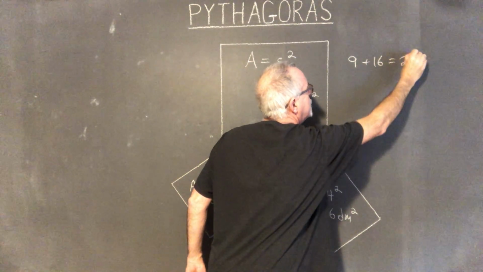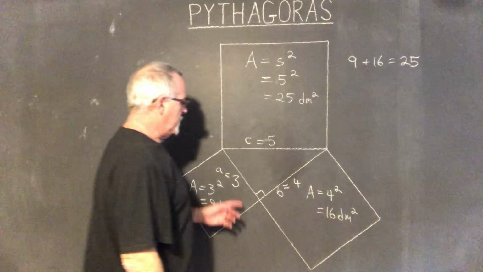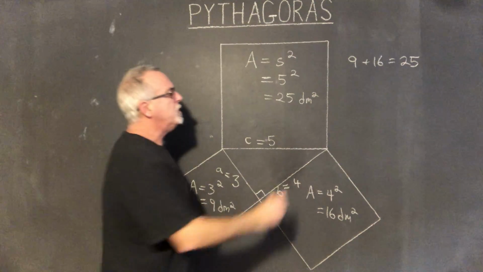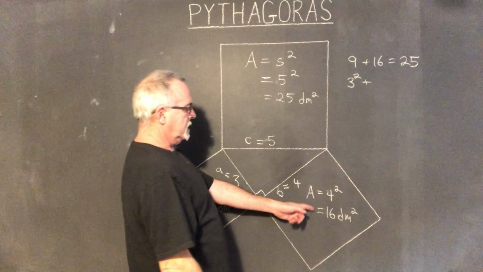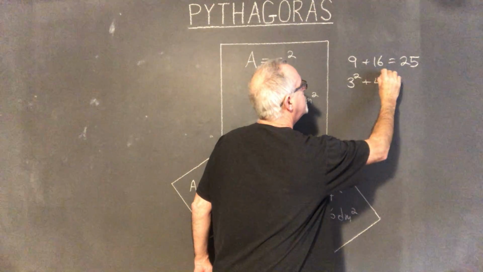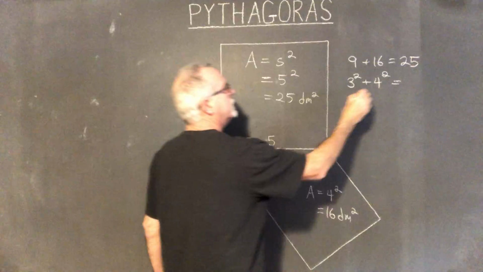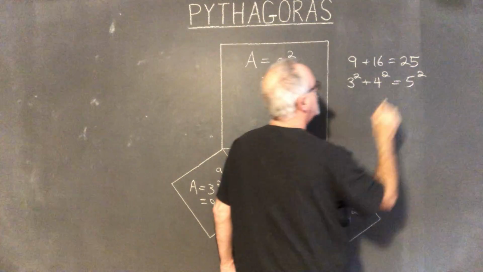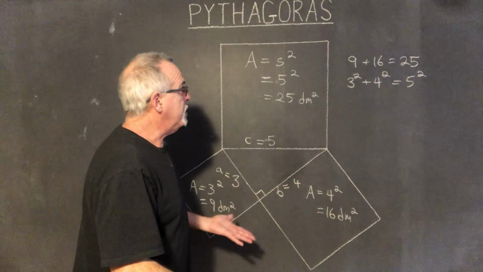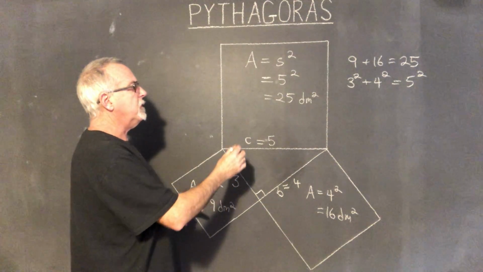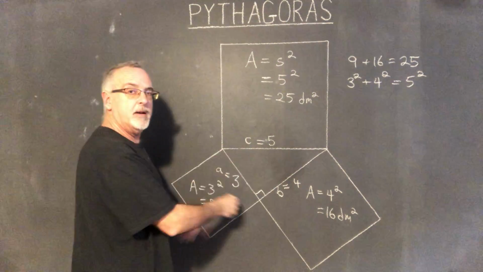We know that. But 9, how did we get 9? Oh yeah, it was 3 squared, so we can rewrite it as 3 squared. And then the 16 was 4 squared. And the 25 is 5 squared. Okay. And then what we can do if we want to go one step further is we can replace the 3, the 4, and the 5 with these letters.